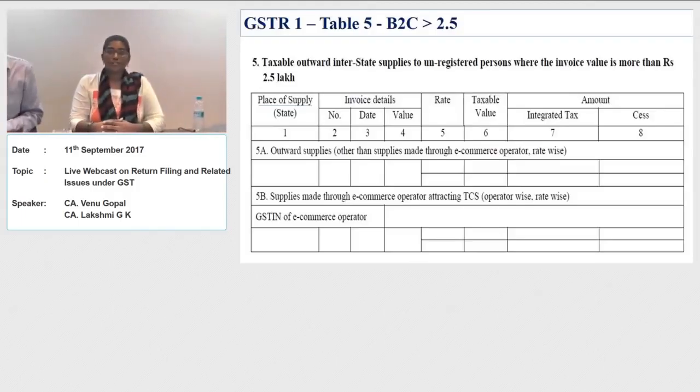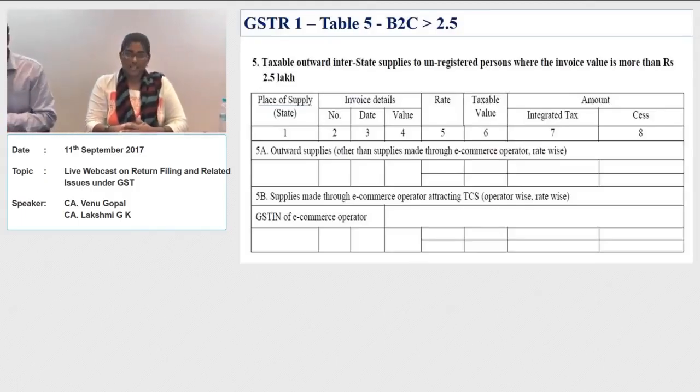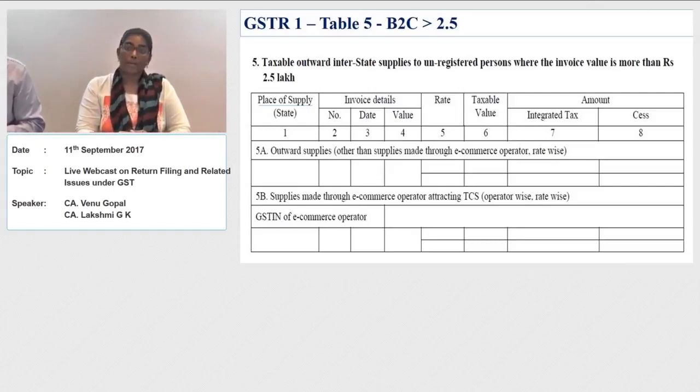Next, coming back to table 5 of the GSTR 1. Table 5 is for those transactions that are B2C, business to consumer, but the invoice value exceeds 2,50,000. In this situation also I need to show invoice level plus rate wise information in my table 5.